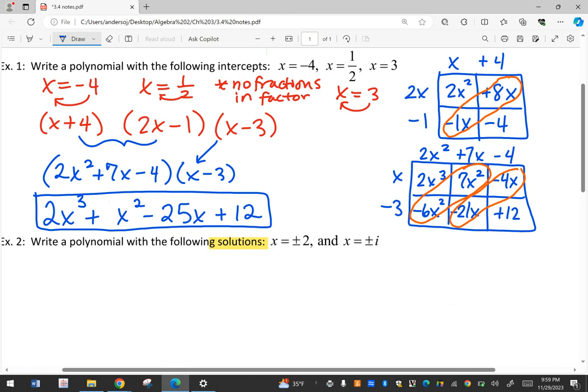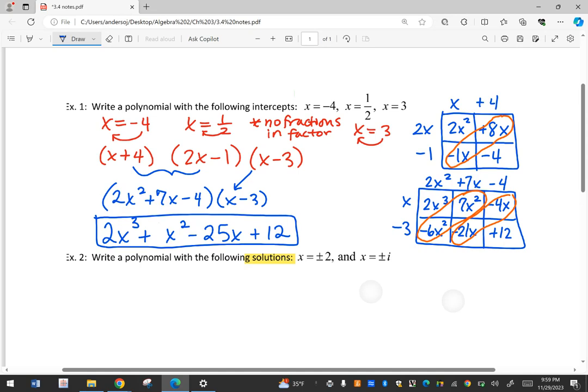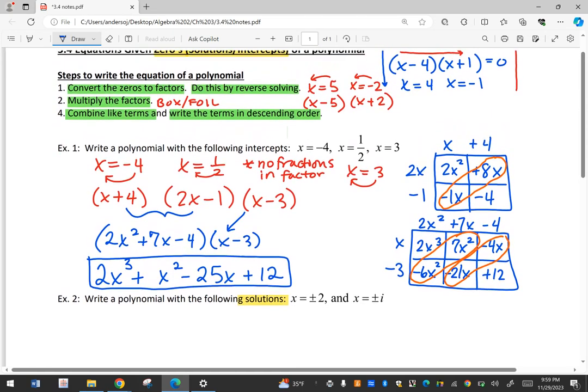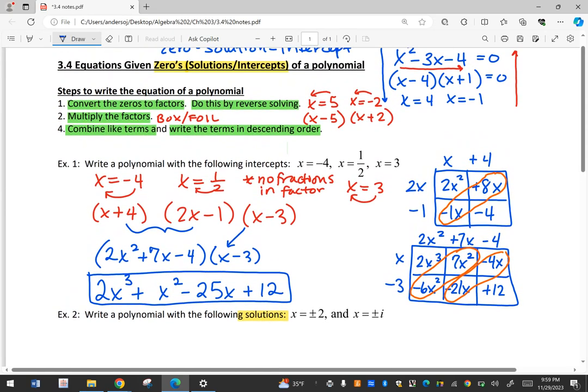So again, let's just take a second and review what we just did. If you need to pause the video and copy that example down to finish it up, please go ahead and do so at this time. But as you can see, what we started with was taking the zeros or the intercepts or those solutions, and we converted them into factors.